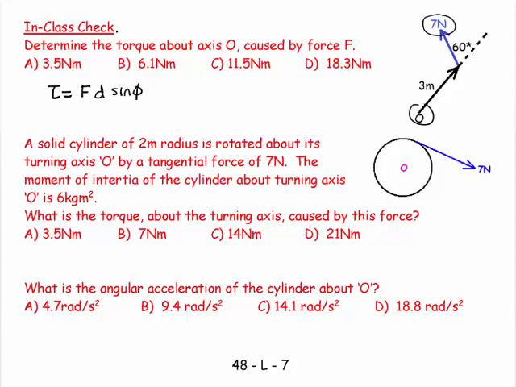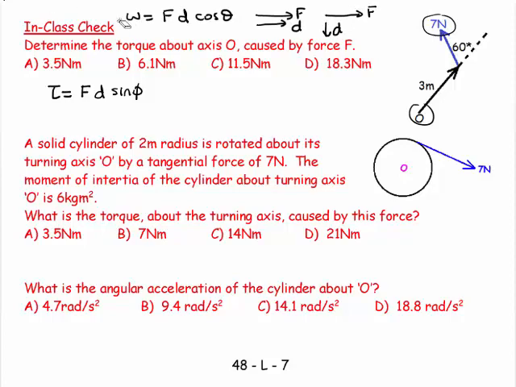It's a bit like work, isn't it? Work is equal to the force times the displacement of the force, and it was the cosine of the angle between. You wanted the maximum when the force was in line with the displacement, and you wanted zero work when the force was at 90 degrees to the displacement.